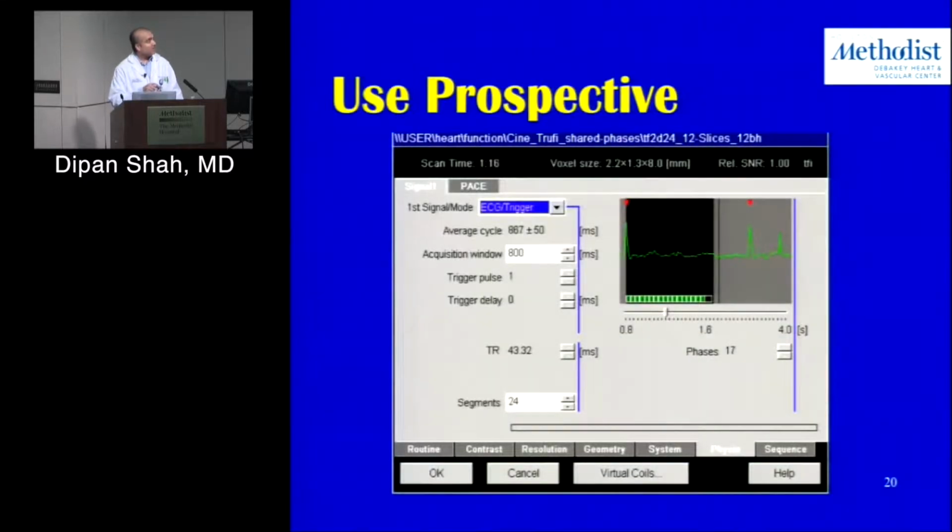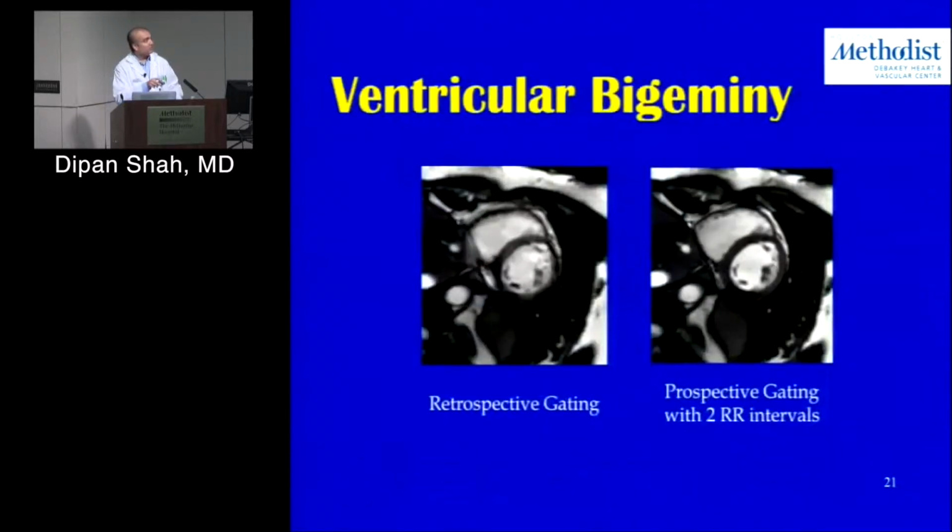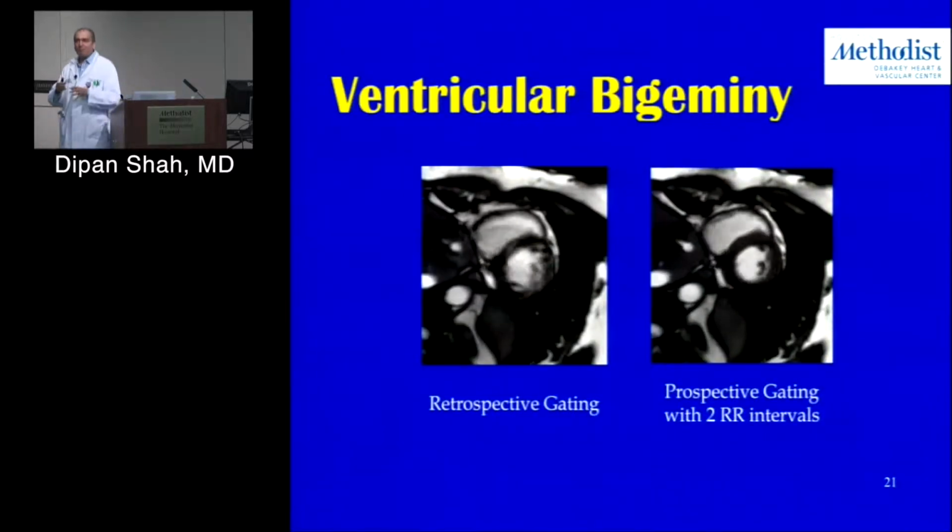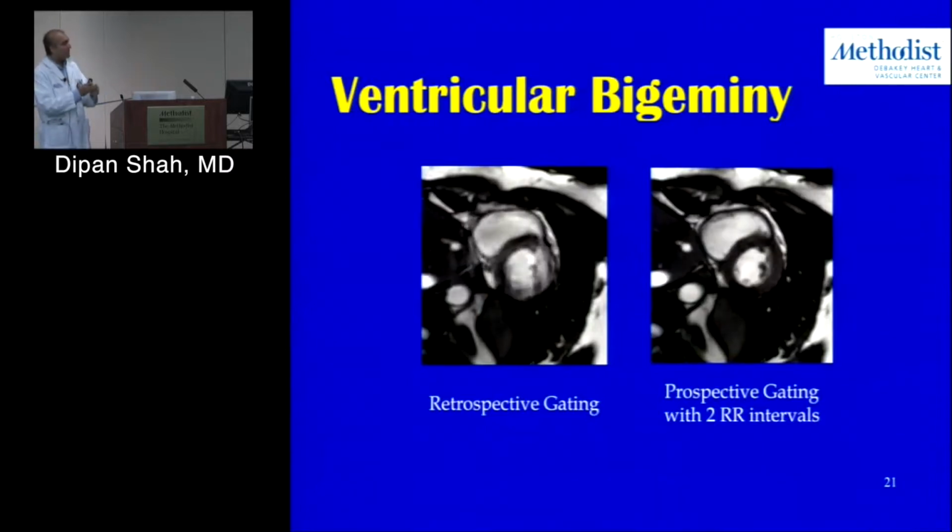Instead of telling the scanner that this person's R interval is 800 milliseconds, you know that if I take the entire block of the normal QRS and the PVC beat, that entire block may be 1200 or 1300 milliseconds. So I'll fool the scanner and say, okay, this patient's R interval is actually 1300 milliseconds. And then I get an acquisition that looks like what I see on the right-hand side, where I've actually captured both the normal QRS as well as the PVC beat.